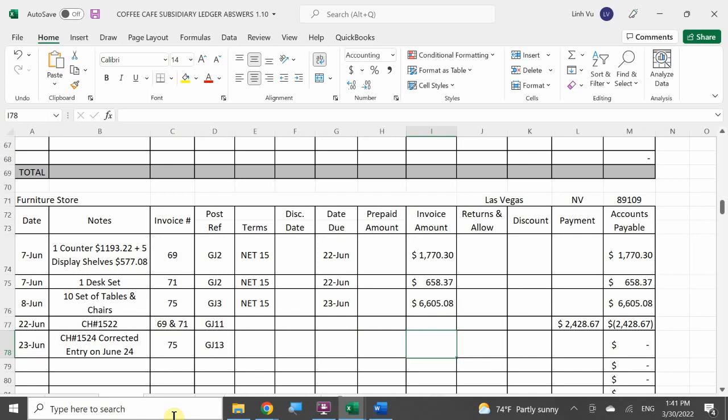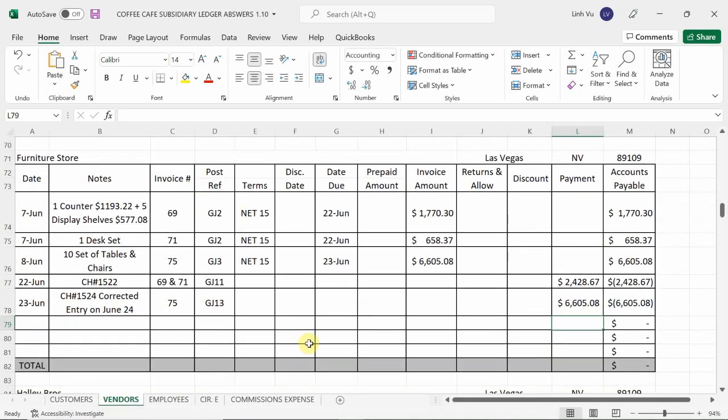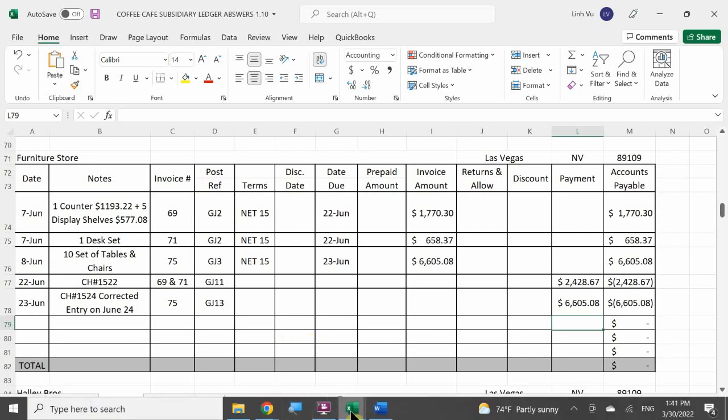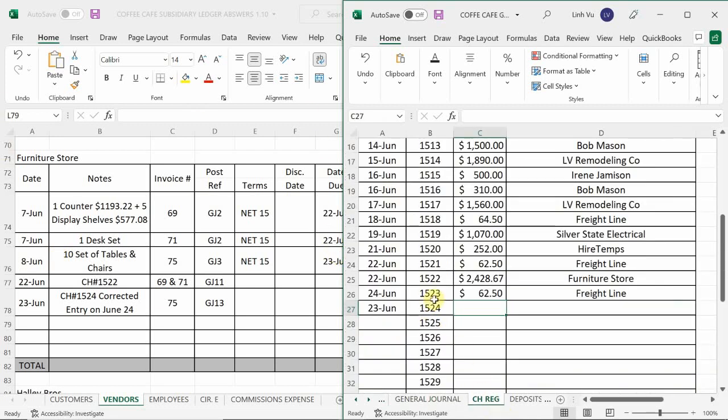All right, and we owe $6,605.08. So we're going to make that payment. So now we owe furniture nothing. $6,605.08. Here we are, we're going to pay $6,605.08. And because we're backtracking in this case, we'll just go ahead and cut it out.